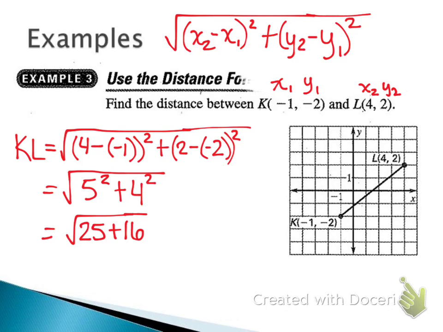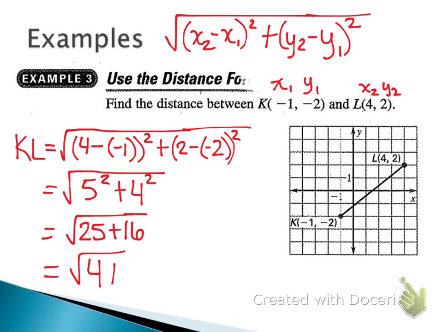Somebody new to add them together. What's 25 plus 16? 41. And then we have to decide if we can simplify the square root of 41.